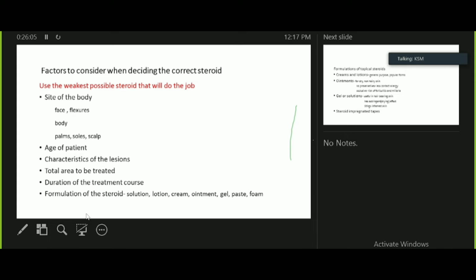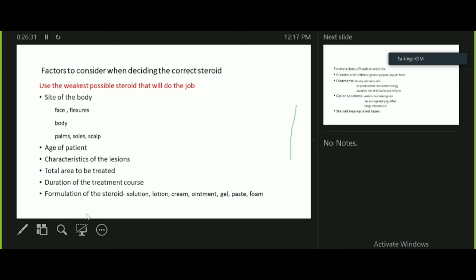For infants, they have very thin skin, so again it's always the weakest steroid creams. And not very uncommonly, we come across instances where clobetasol is used even in infants. So always keep in mind it's the least potent steroid cream that should be used in infants. Then the characteristic of the lesions.